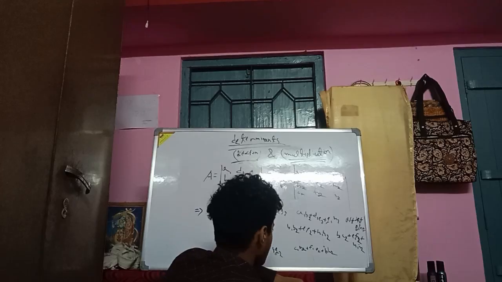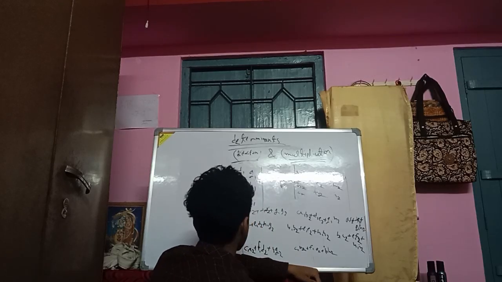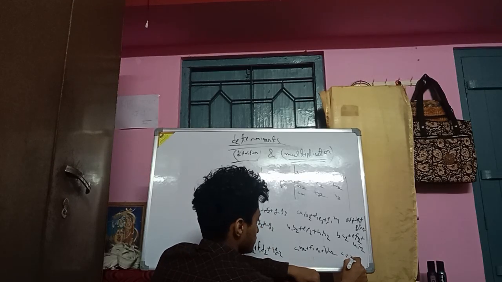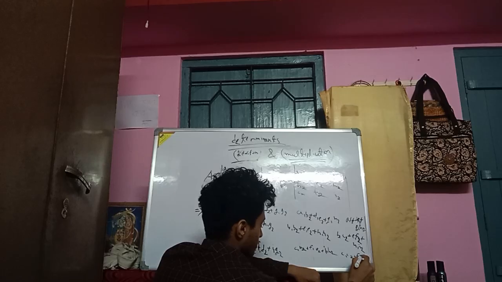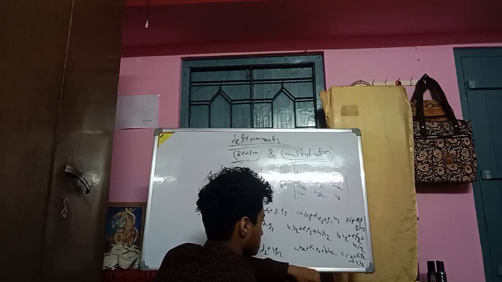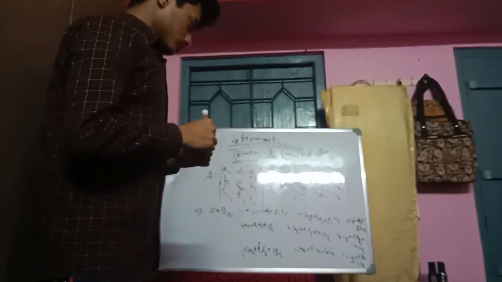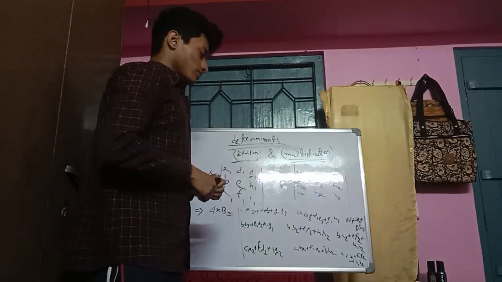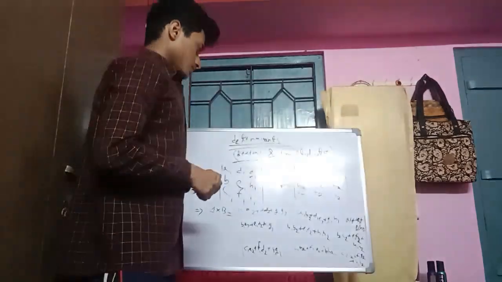And the last element of this entire determinant would be C1 C2 plus F1 F2 plus I1 I2. Okay, these are the general formulas for how things would look.